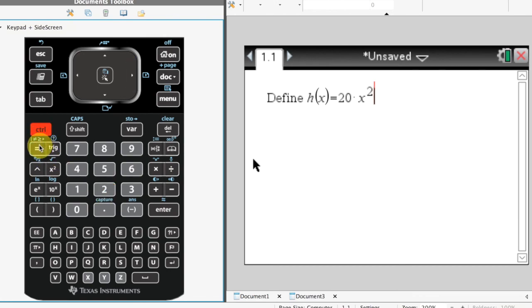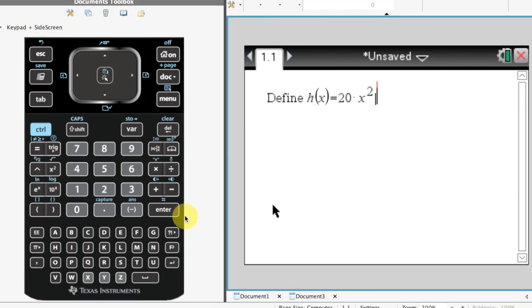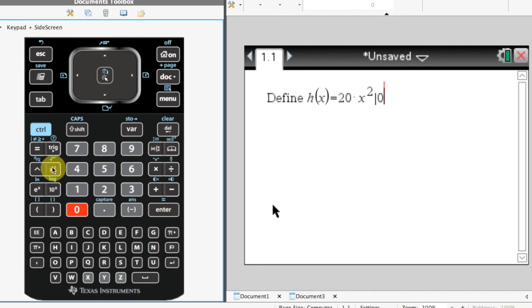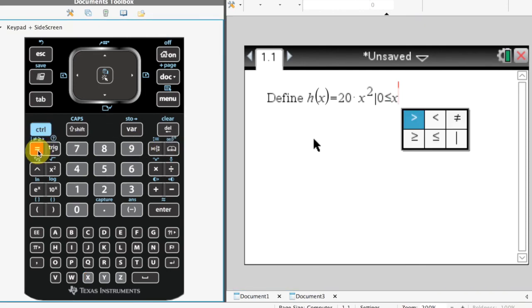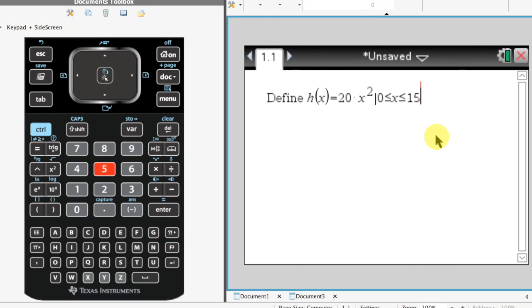And it's given that x is greater than or equal to 0, but less than or equal to 150. All right, so I define my function.